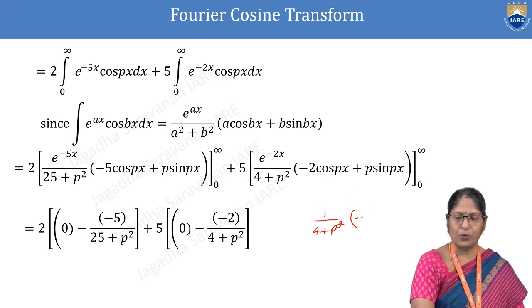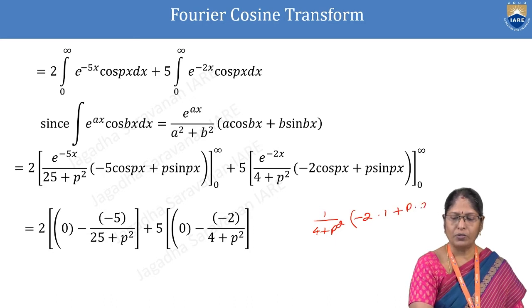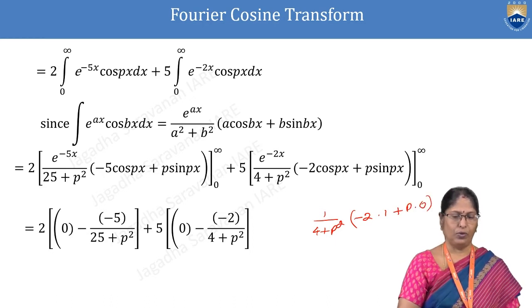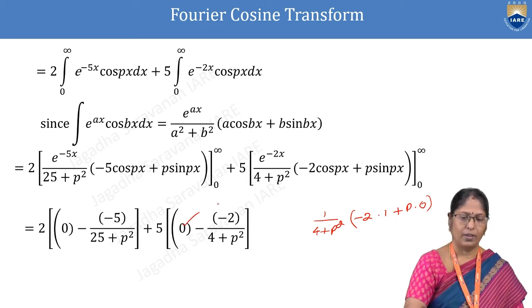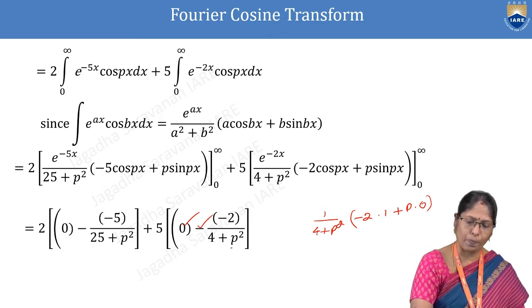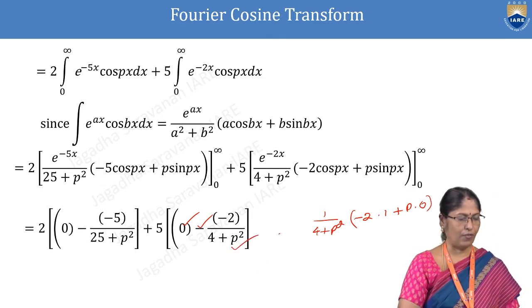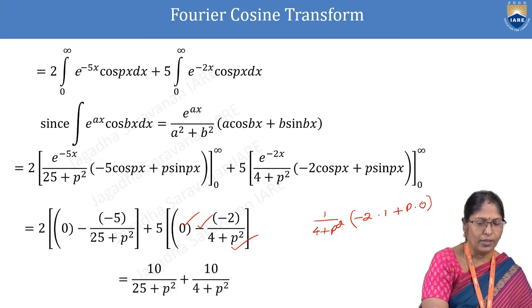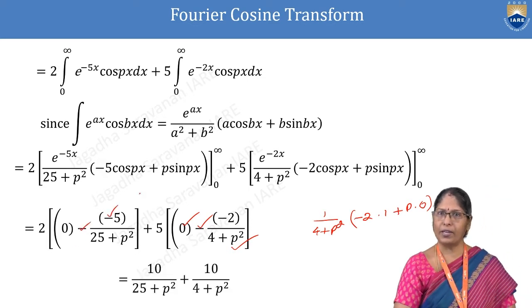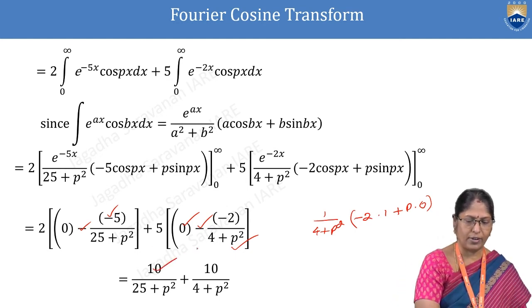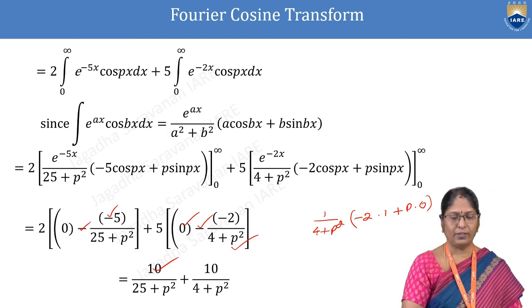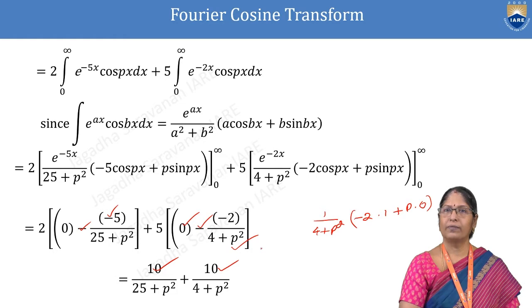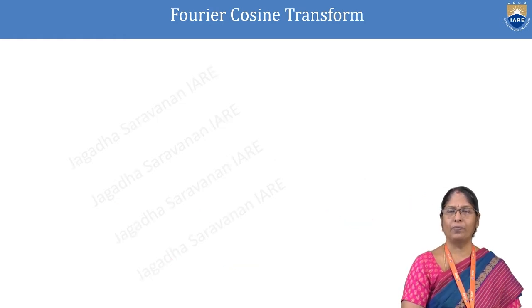Here we substitute minus 2 into 1 plus p into 0, so we get 0. So minus 2 by 4 plus p square. Now this minus has become plus: 2 fives are 10. And this minus has become plus: 5 twos are 10. So we completed this problem.